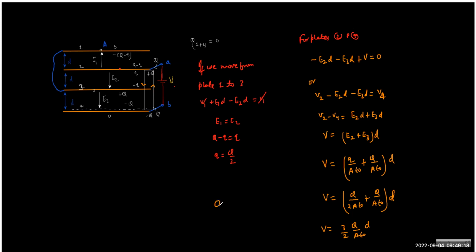So basically Q by V is how much? 2C by 3, which is C equivalent, right? Yeah. So the answer is C equivalent is 2/3 of epsilon naught A by D.